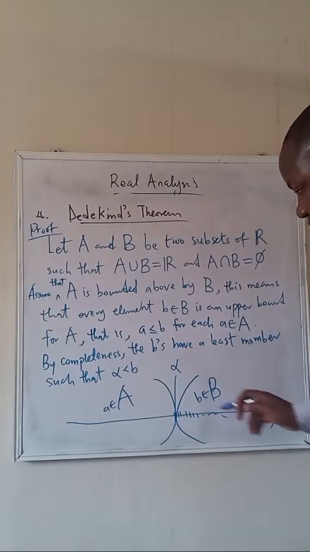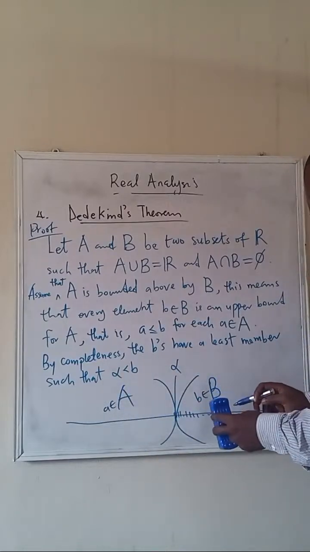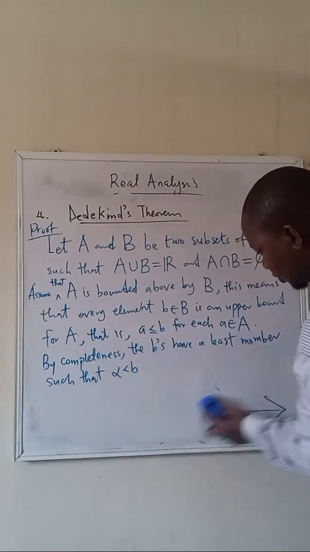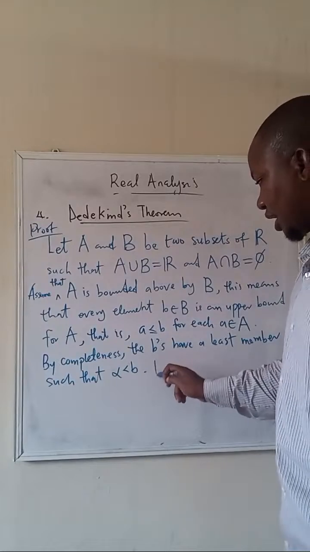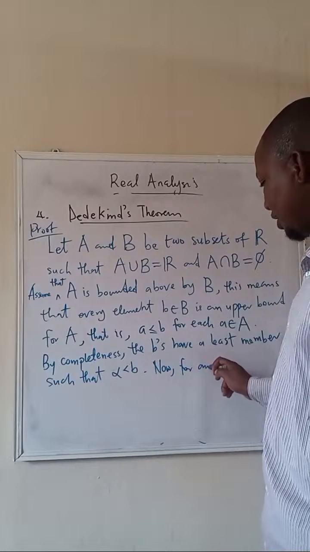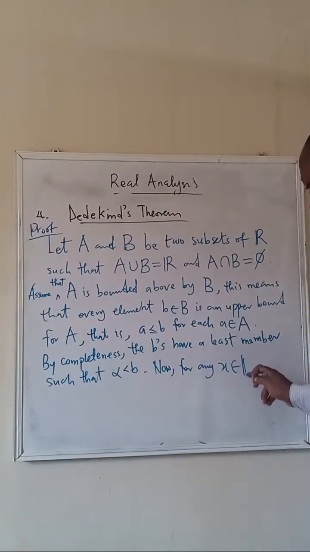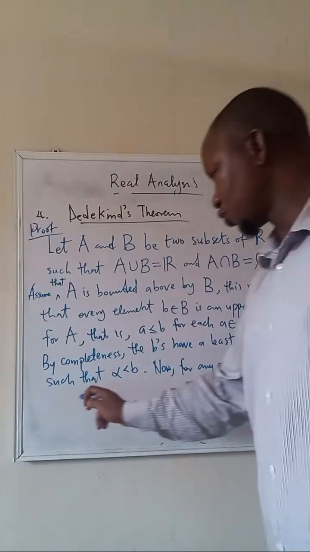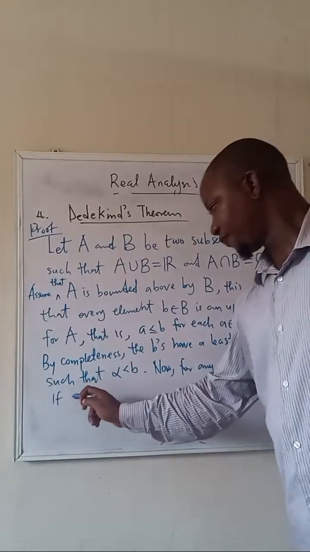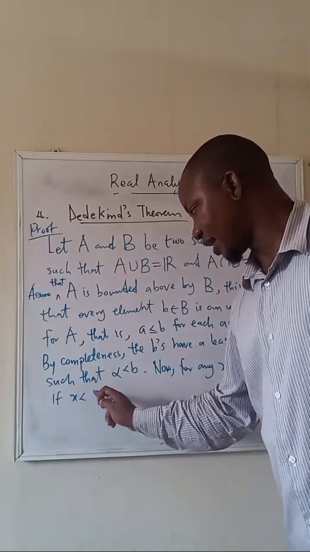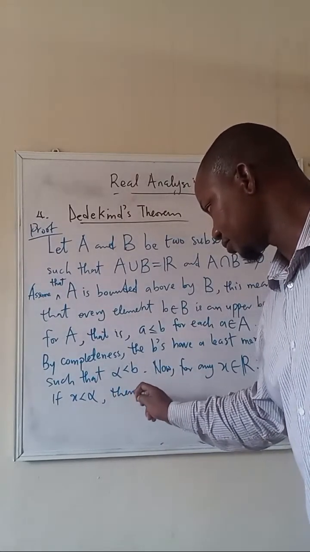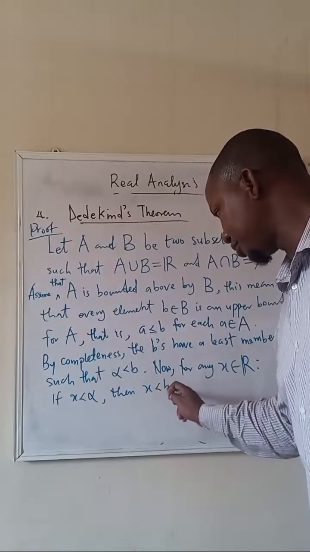Now let me wrap up so I can make a conclusion. For any x in R, I want to make two assumptions. For any x in R, if x is less than alpha, then x is less than b.